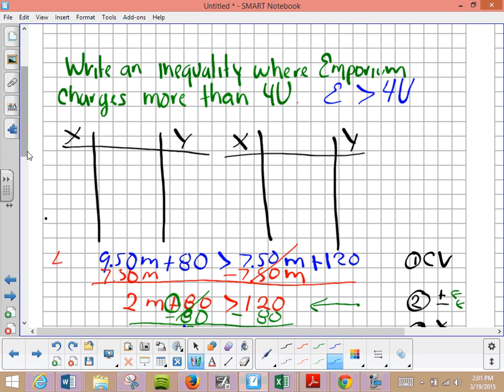Will be higher. And I give you this thing so you can put the expressions in here. 7.50 m plus 120. Before, we said to start with whatever you find with the solution. Now I want you to take a step back and look at the whole picture.